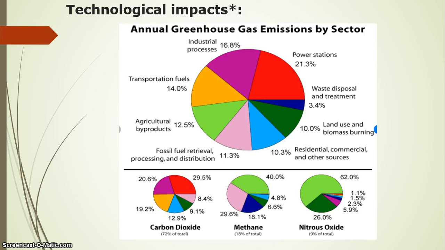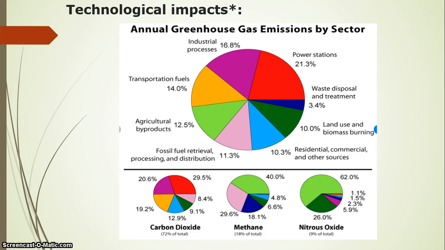Today we will see what is the technological impact. Sector by sector we will see how much and which sectors are contributing to greenhouse gas emission, and thus increasing the level of these greenhouse gases and making it worse for human existence.